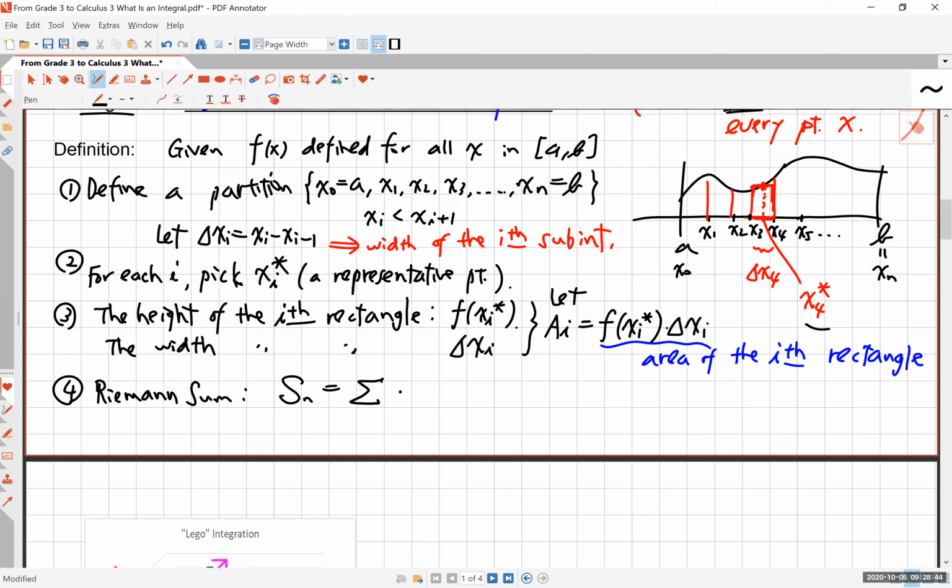This is the sigma, and all this is saying is you add up the rectangular areas, you have n of them. So let's go from 1 to n. This is the sum of all of these areas, and this is called the Riemann sum. This is the total sum of the rectangular areas.